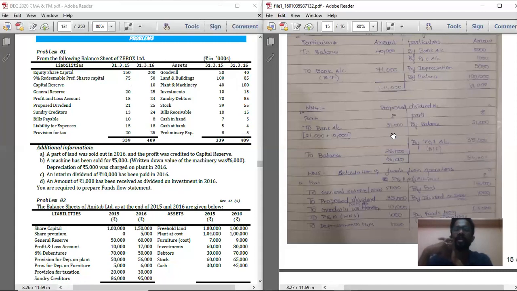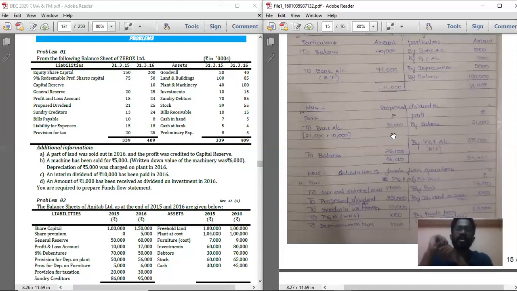From that, if you take off the opening balance, you will get the total proposed dividend that has been taken from the P&L account. That is the total dividend that has been debited to the P&L account. So the balancing figure is nothing but the amount which has been debited to the P&L account.